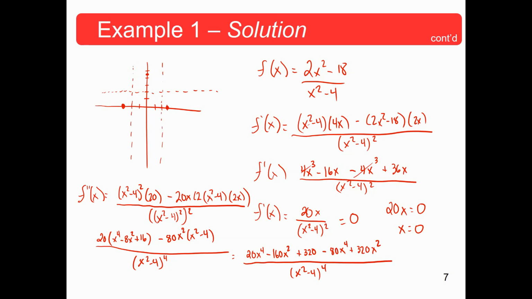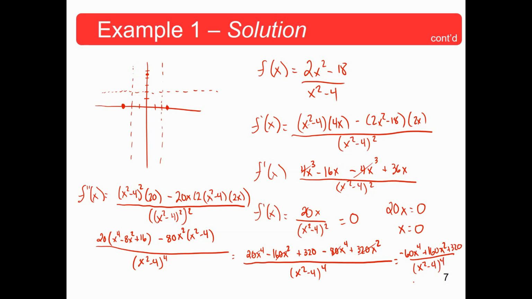Now, we combine our like terms. 20x to the fourth minus 80x to the fourth is negative 60x to the fourth. Negative 160 plus 320 is plus 160x squared. Plus 320 all over x squared minus 4 to the fourth.